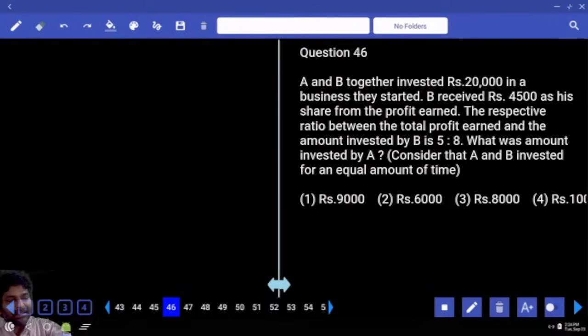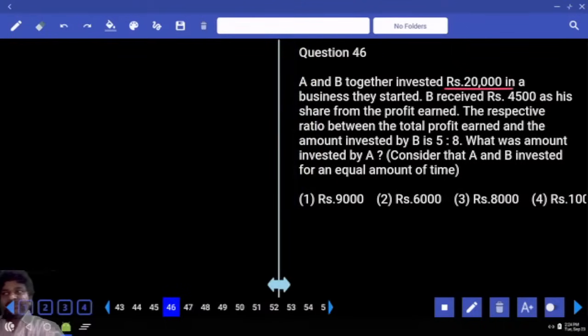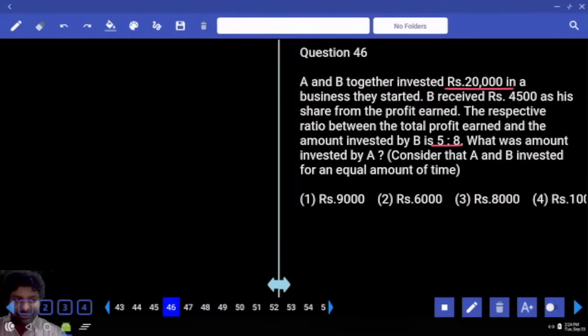Consider that A and B invested for an equal amount of time. Right. Total investment is 20,000. 5:8 is the ratio between total profit and amount invested by B.